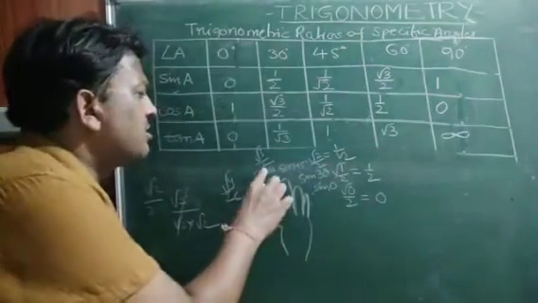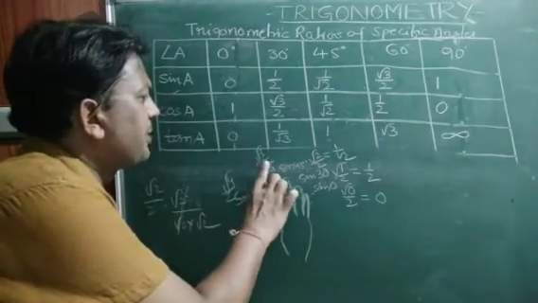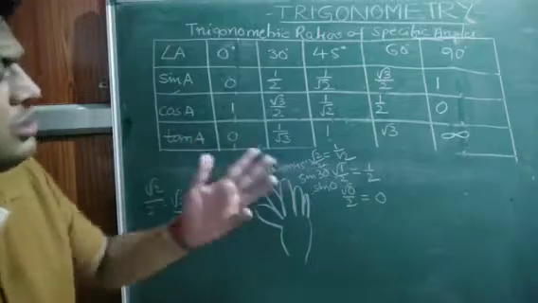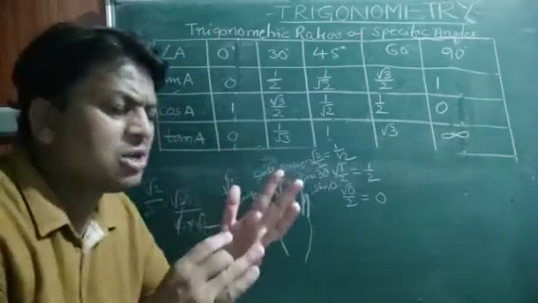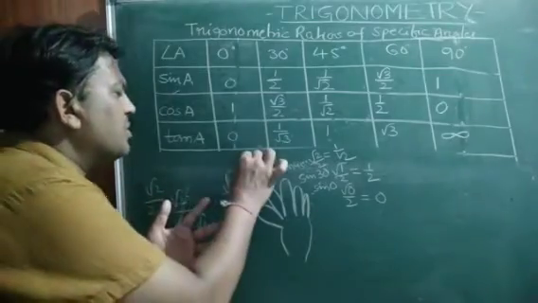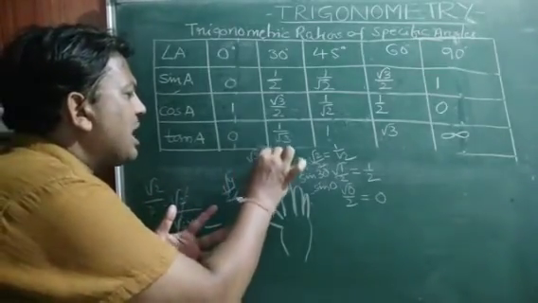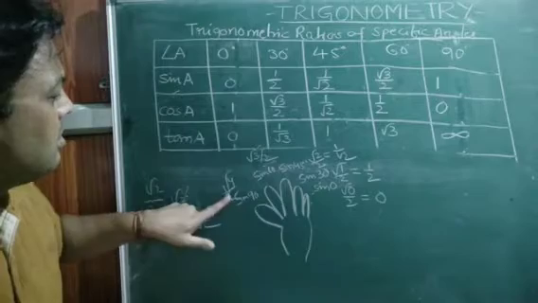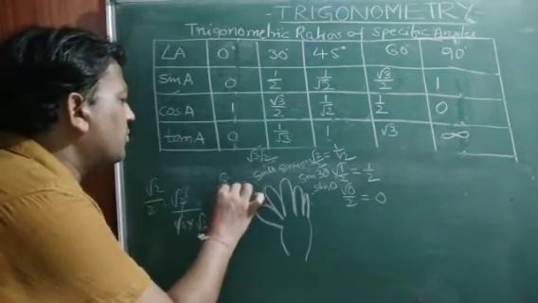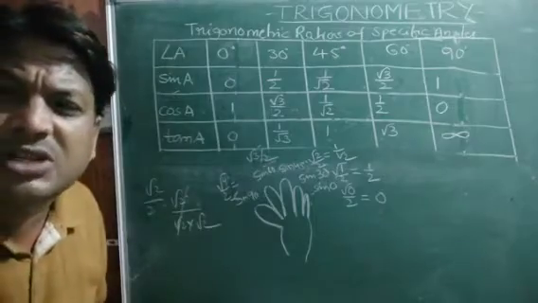And for sine 60, root 3 by 2. Sine 90 children, root 4 by 2. Root 4 is how much children?